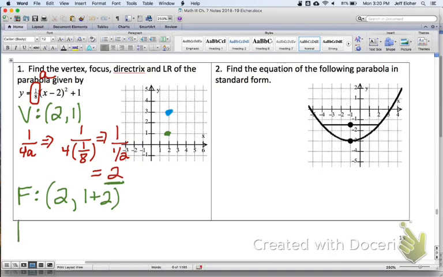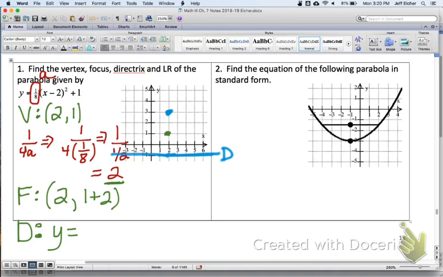And then our directrix is a line, so we need an equation of a line. It's a line that goes left-right, so that's a y equals line. The directrix is 1 over 4a below the vertex. So if the vertex is here at (2, 1), we could just immediately graph it: go 2 down, and this line is the directrix.